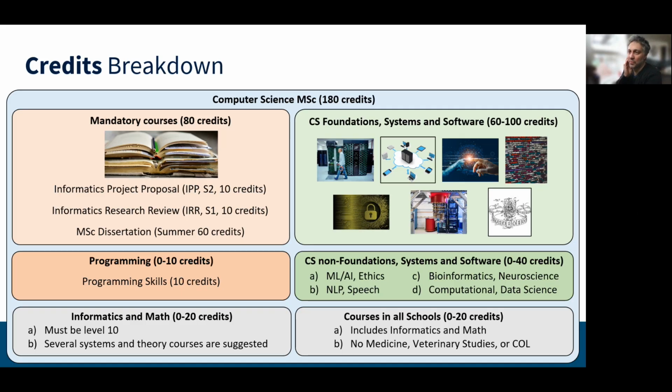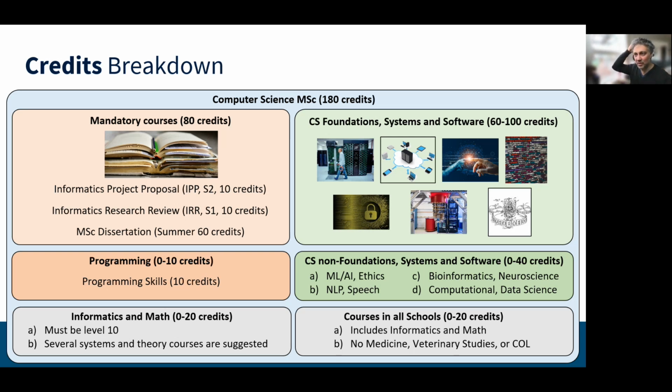The informatics project proposal and informatics research review are two courses that help you get ready to do your project, such as how you do research and how you look for papers or other material that can support your thesis in your project.